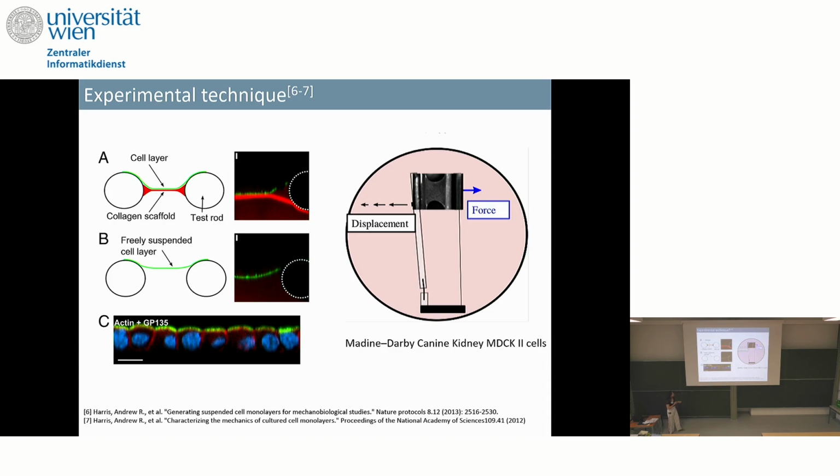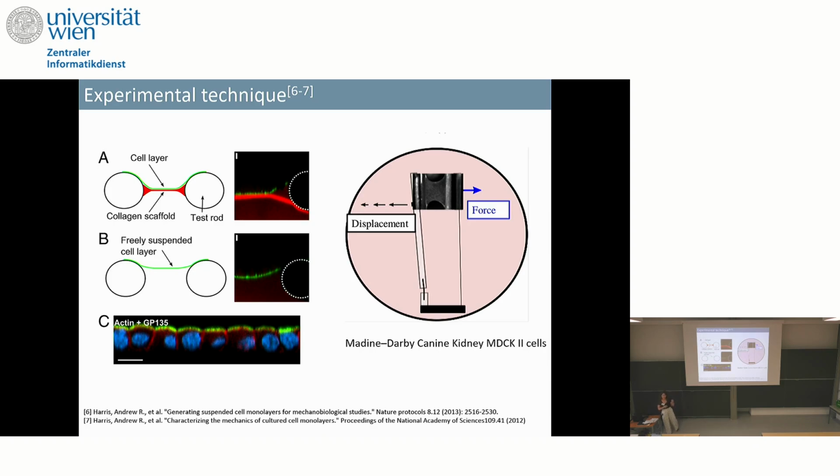What they developed was this system where you have two rods, one that is fixed and rigid, and one that can deflect. In between the two rods, you put some collagen, and on top of the collagen, you seed some cells. You let them grow for a couple of days, and they become confluent, and they directly attach to the two rods.